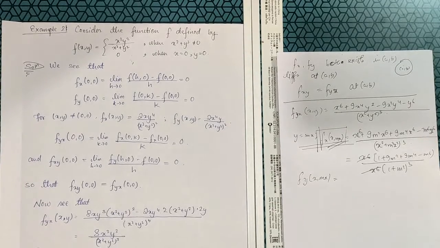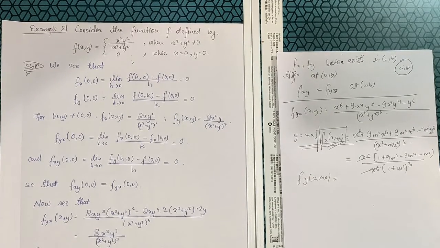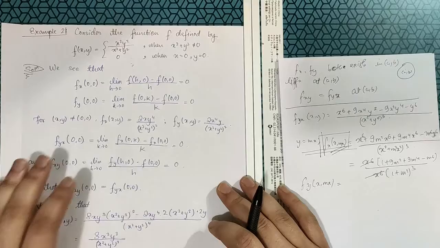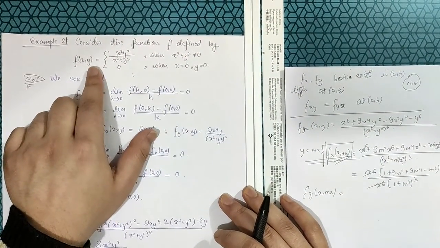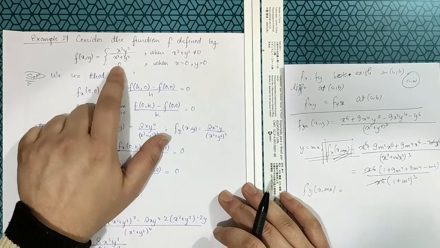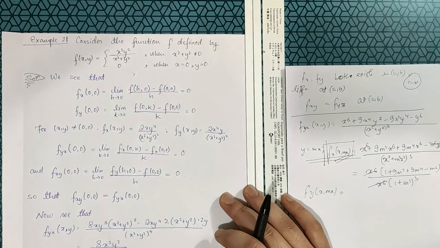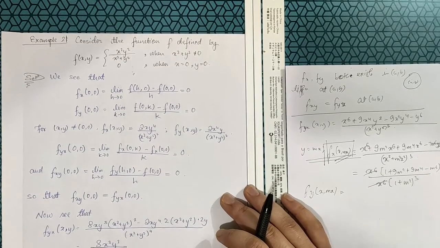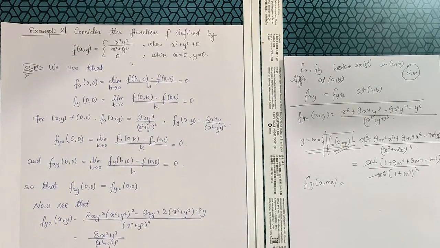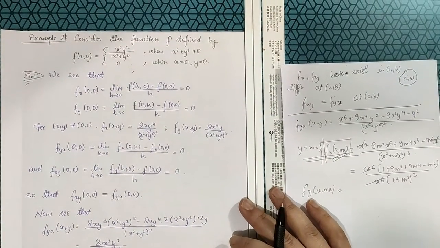So we now do one more example. Consider a function f defined by f(x,y) = x²y² divided by (x² + y²) when x² + y² is not equal to 0, and 0 when x = 0, y = 0. Here we need to find the partial derivatives and investigate whether they are the same or not.